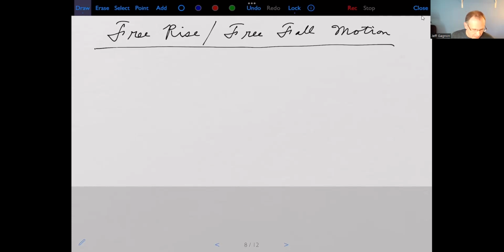So it's only acted on by gravity. And so let me again write out this definition here. Assuming no air resistance, that makes it much more challenging if we have air resistance. I know in reality, sometimes we do have to include air resistance, but for most of our examples, we're going to assume no air resistance.